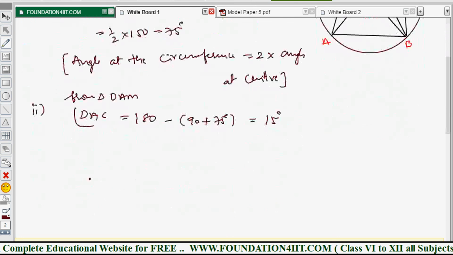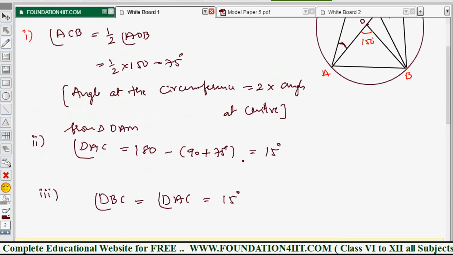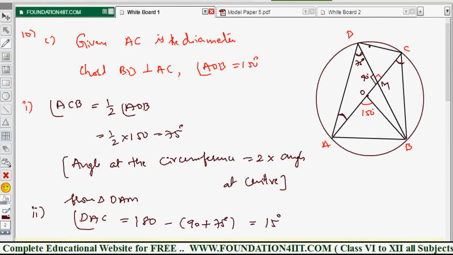Now same rule you can apply for the remaining angles also. That is angle DBC. DBC is equal to DAC, because same arc, that is also 15 degrees. So you can observe also. So DC, this is subtending at DBC and same DC subtending at DAC also.